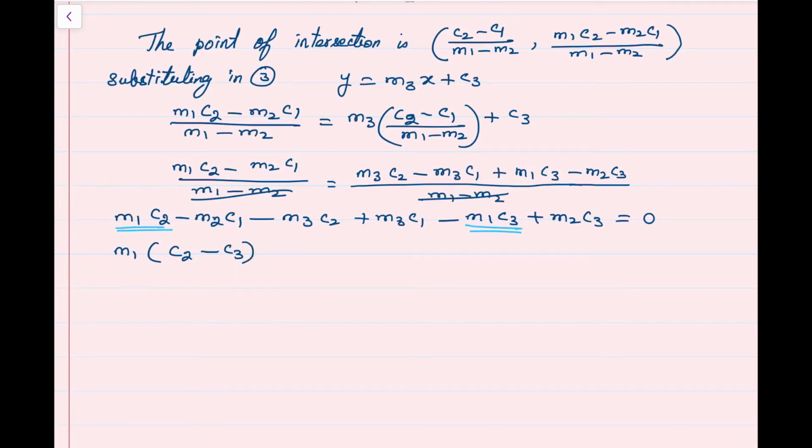Then we will collect m2 terms plus m2 times c3 minus c1 and then m3 terms plus m3 times c1 minus c2 equal to 0, and this is the result to be proved.